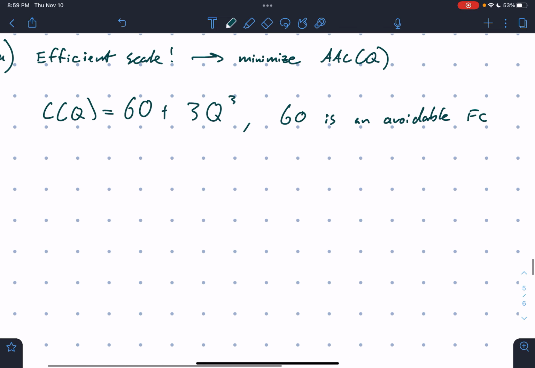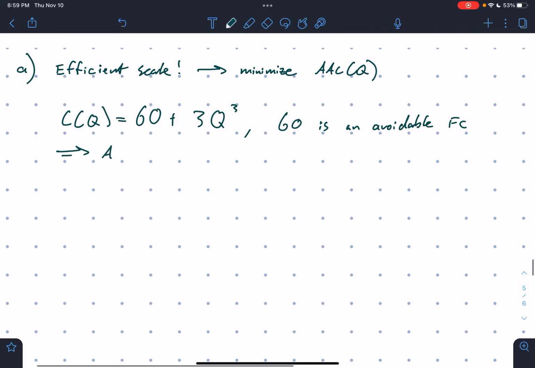Okay, so this means the average avoidable cost. I'm just going to say average cost. My bad, avoidable cost. I get those two mixed up. I say average and I mean avoidable, and it's a mess.